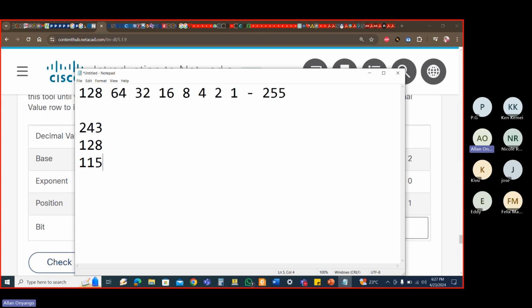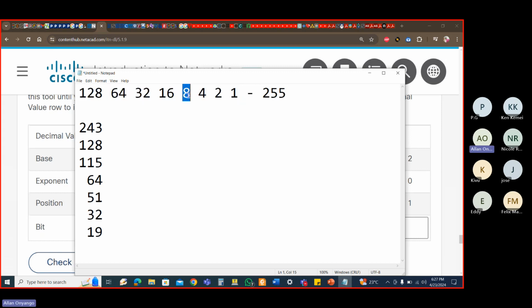So again, subtract 64. If you subtract 64, what do you get? You get 51, isn't it? We can still subtract 32. If you minus 32, what do you get? 19, isn't it? 19 is what plus what? Among these numbers here, what do you add to get 19?